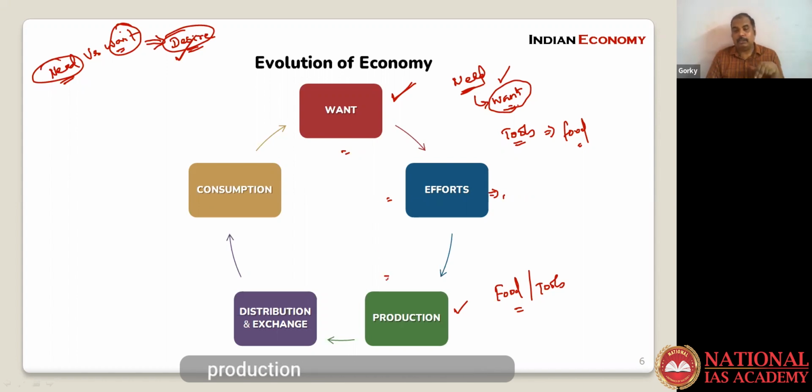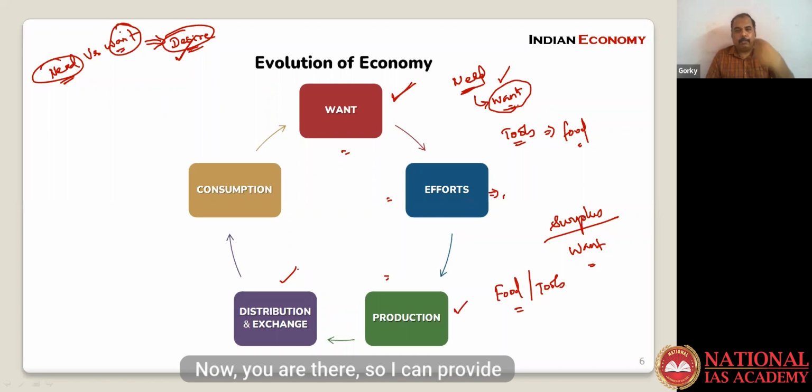And when this production is surplus, or if some other people want it, I share with you. I had a want, I produced something, now you are there, so I can provide you, thereby exchange comes in. In this case, we had the system of barter, exchange of goods.